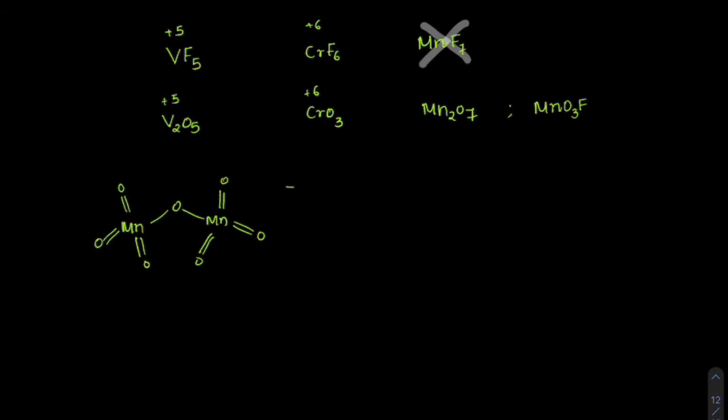So the logic here is, more fluorines, if associated, increases steric crowding, because of which we do not see MnF7 forming.